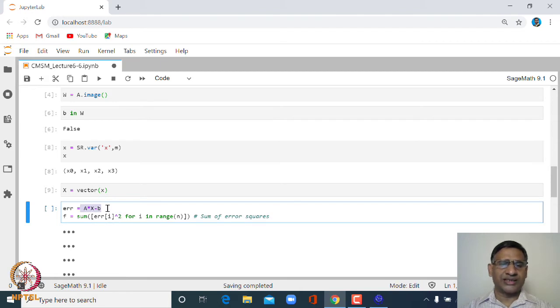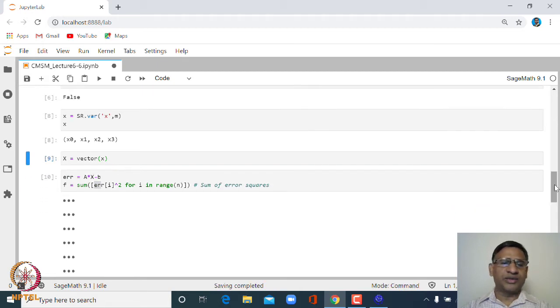Just look at the ith coordinate of this Ax minus B, which is a column vector. That is going to be the error square, and we take the sum, and that is your f. So f is going to be a function of x0, x1, x2, x3, and we want to minimize this function.